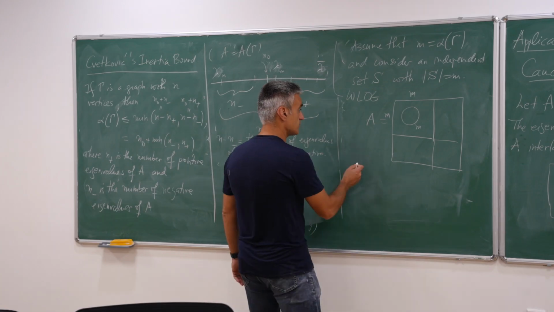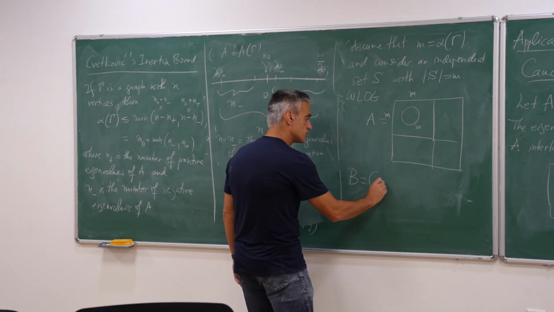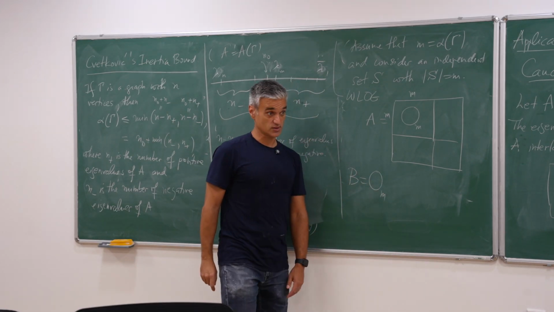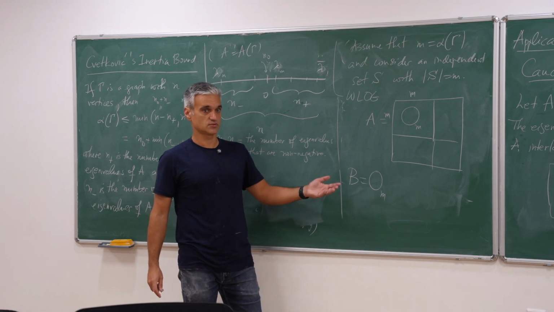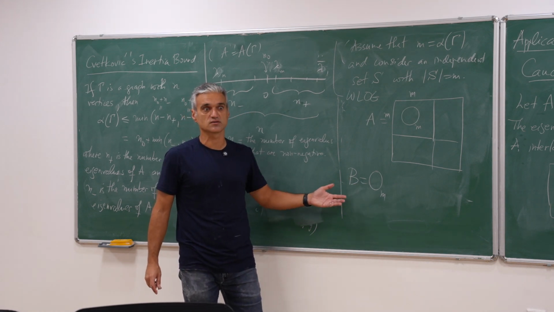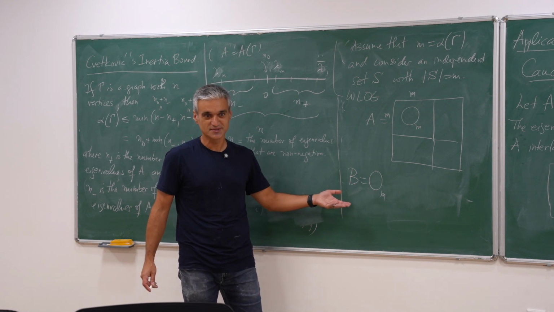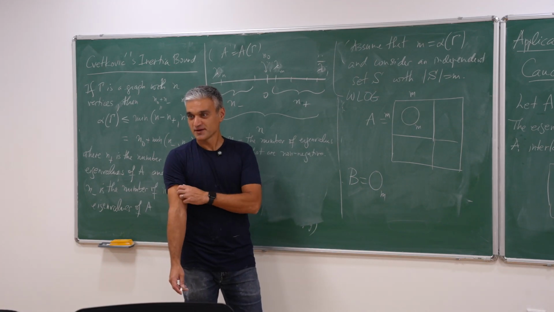The B matrix for me will be this. This is my principal submatrix, which is the easiest case because you know the eigenvalues.